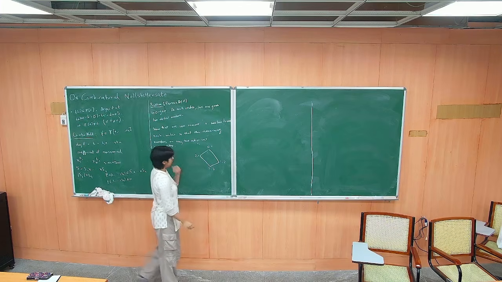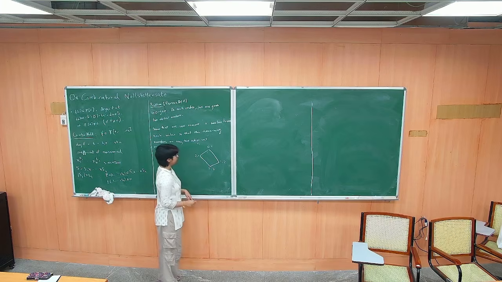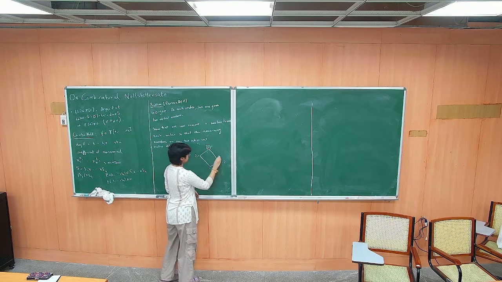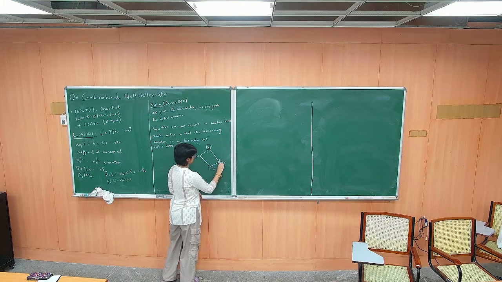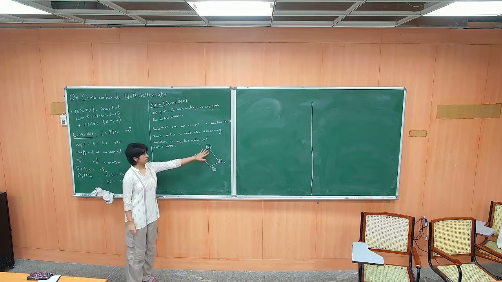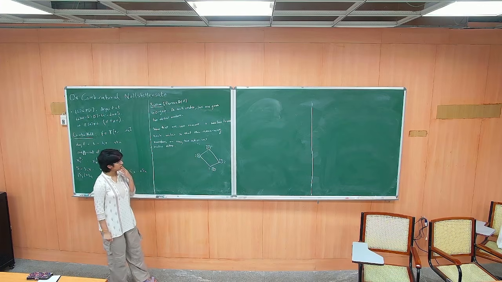So a valid coloring, a valid picking, would be maybe this. This is fine. So the adjacent things differ from each other.